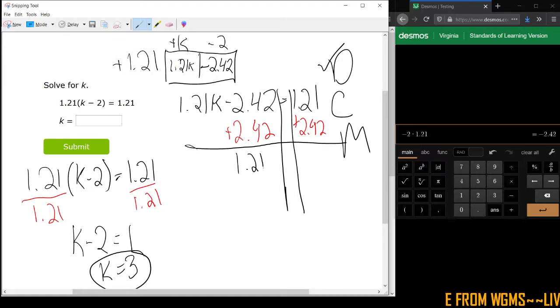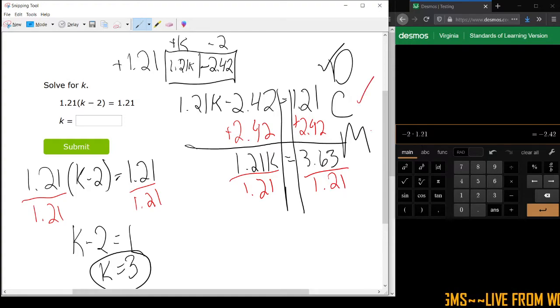On my left side, I'm just left with 1.21k is equal to 3.63. And you better believe it, divide both sides by the coefficient for that last step. And so for this one, k is going to be equal to 3 as well.